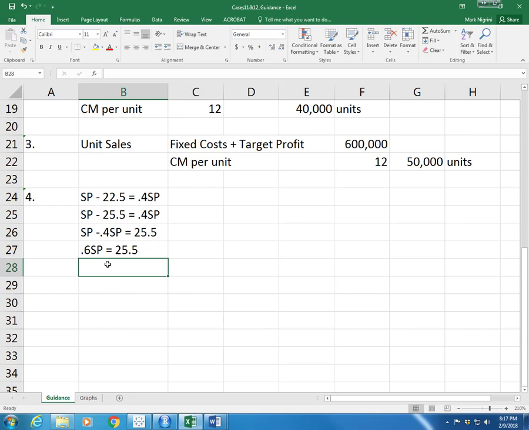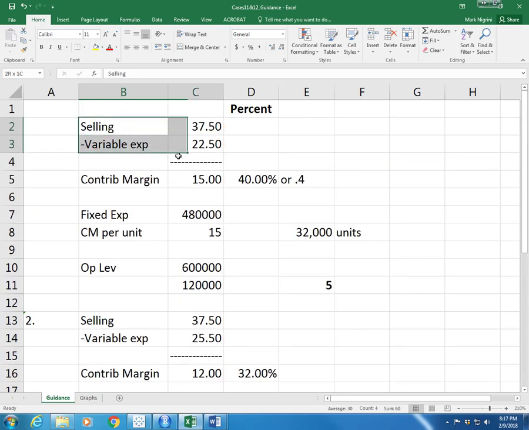This means that selling price equals 25.5 divided by 0.6. Just getting rid of that 0.6 over there. And that means that selling price must equal, we can do it here, 25.5 divided by 0.6. Selling price 42.50. So if I go back to the beginning, and I'm just going to copy this.